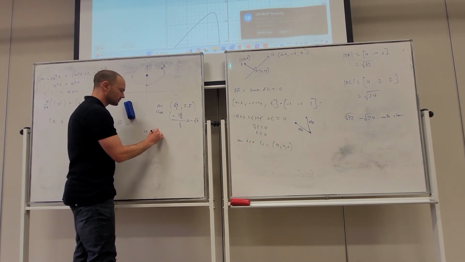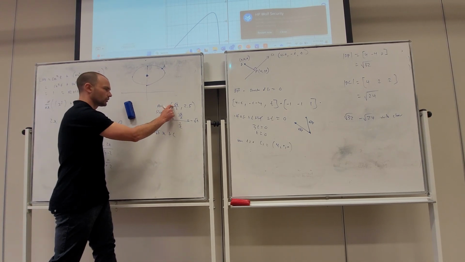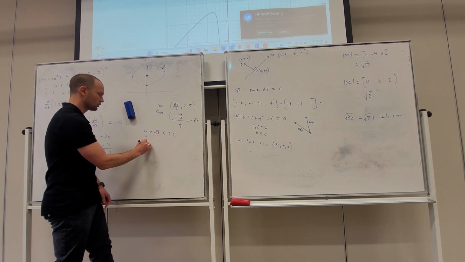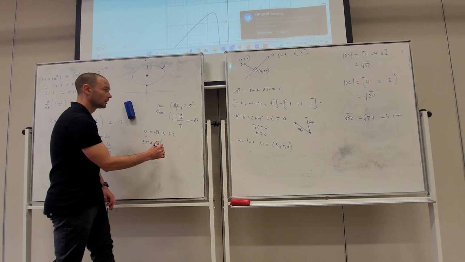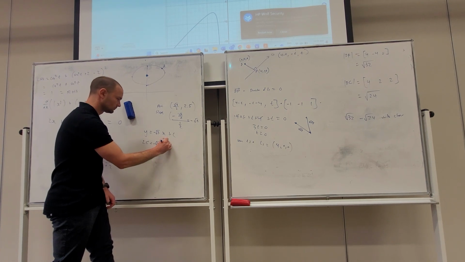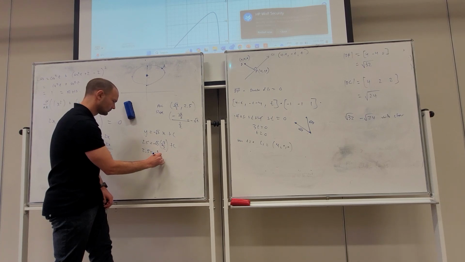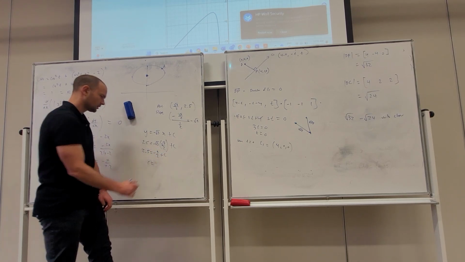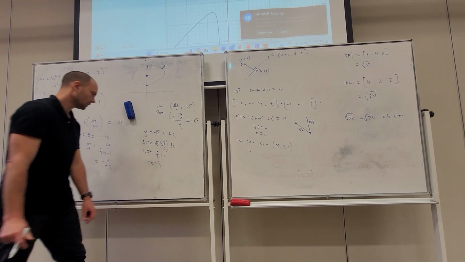So we have y equals minus root 3 x plus c, and when x is root 3 on 2, y is 2.5. Adding 1.5 to both sides, c is 4.